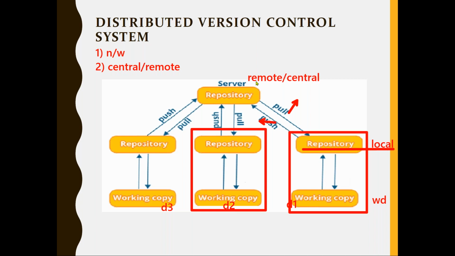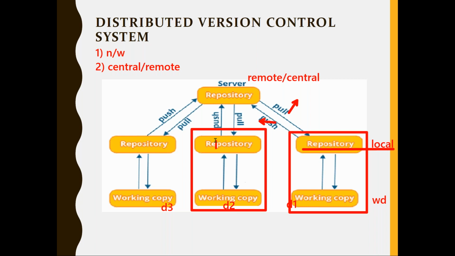And the second thing is, even though the central server is crashed or lost or gone for some reason, chances of recovery are more, because every collaborator has a copy of the remote repository, which is local. That's how it overcomes the drawbacks of centralized version control systems, and distributed version control system is the one which modern DevOps projects prefer.